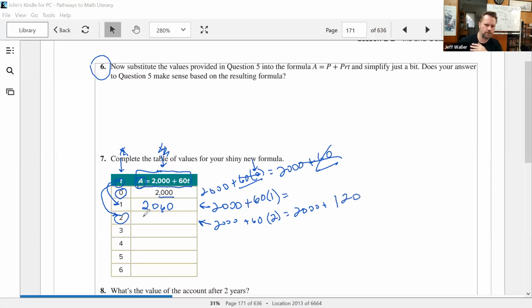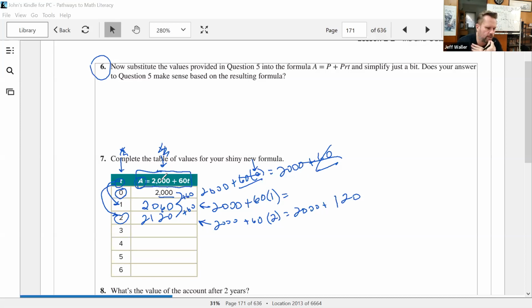Cool. So I get 2120. This should look very familiar. What kind of growth is this? Linear. Yeah, I just keep adding 60, which is what I was saying. This is the equation of a line, isn't it? mx plus b. That's an equation of a line.